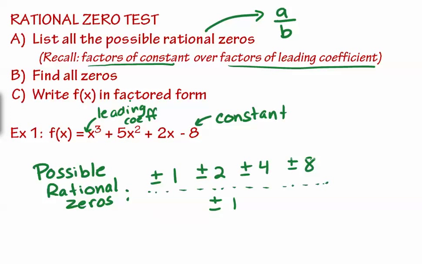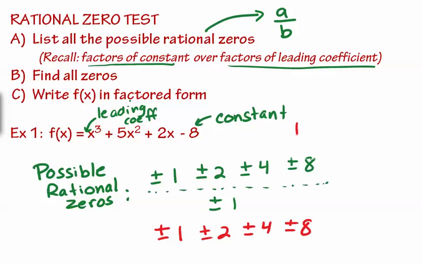So our possible answers could be 1 over 1, and it could be positive or negative, 2 over 1, and it could be positive or negative, 4 over 1, or 8 over 1. So that means that there are 16 different numbers we have to try. So you might not want to do 16 synthetic divisions, but there might be some hints.